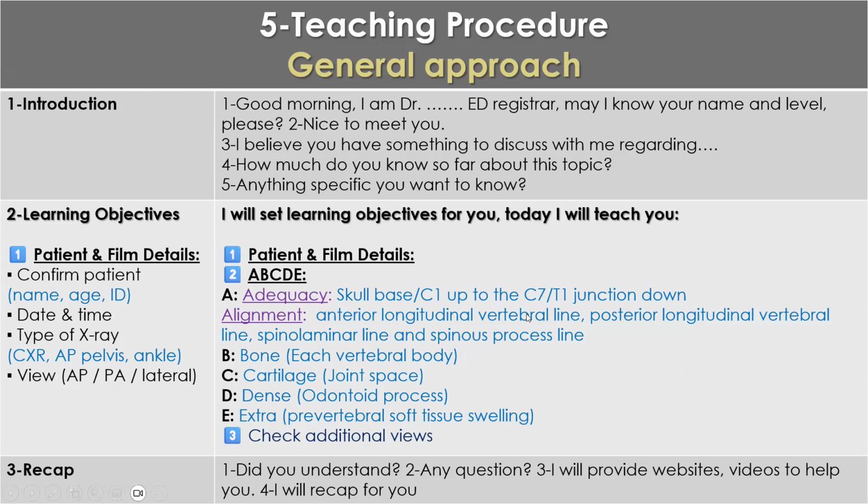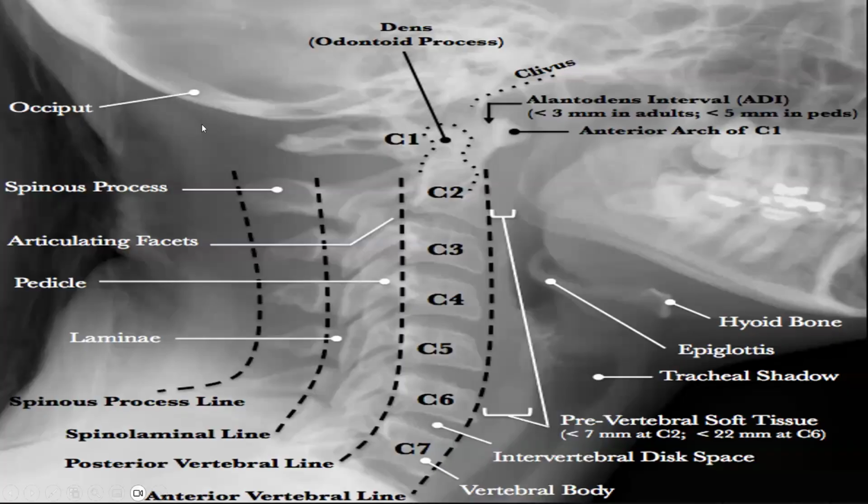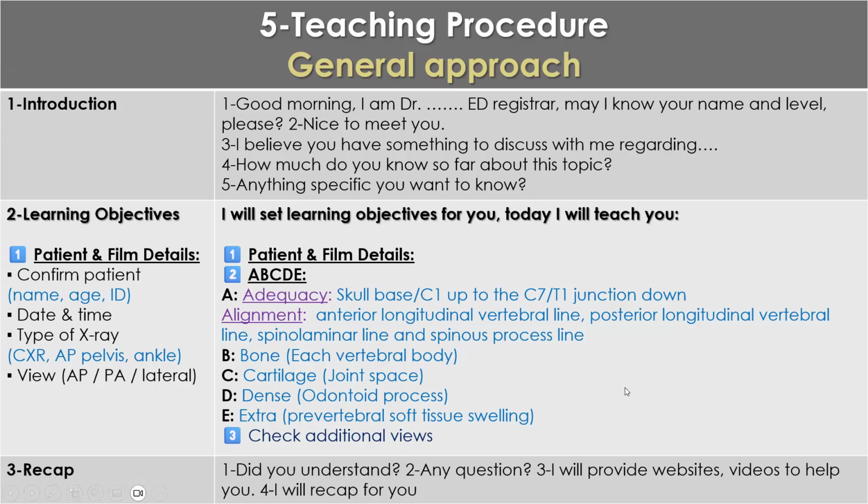And then we will check for the alignment, adequacy. We will check for the skull base and then from the C1 down, C2, C3, C4, C5, and C7. So we will check the height of the vertebrae, and they are in C7 to T1 junction down.